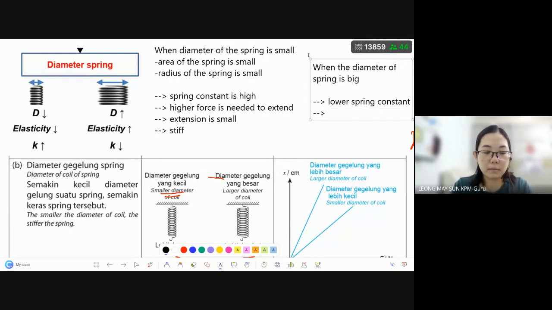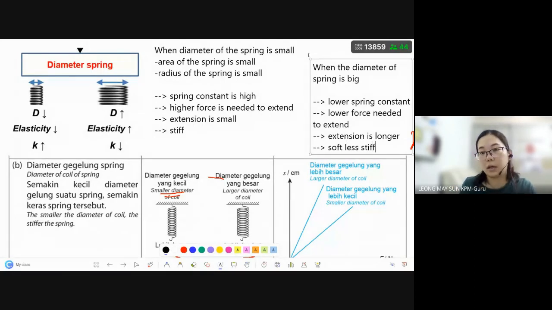Lower spring constant means lower force needed to extend the spring, but the extension would be high. All right, and this is what we call a soft spring or a less stiff spring. All right, so this is actually what we meant.